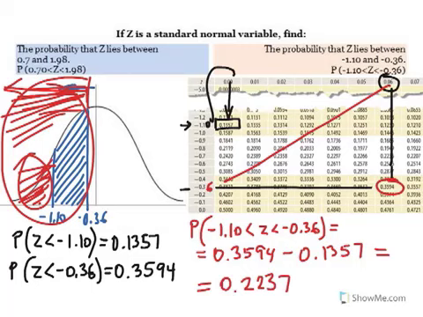So the probability that z lies between these two values will be 0.2237. So that's how you find the probability of the area between two z-scores.